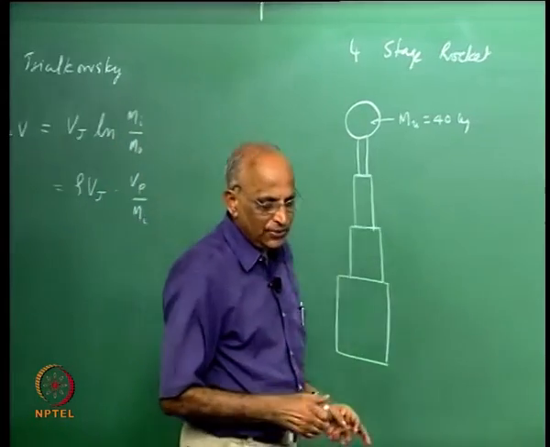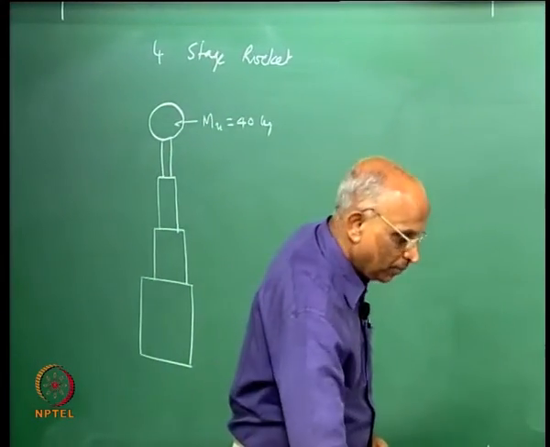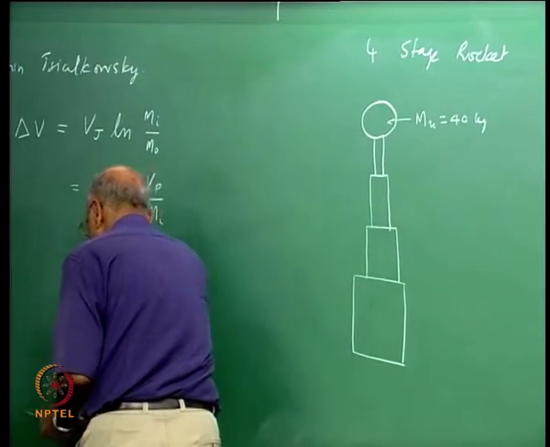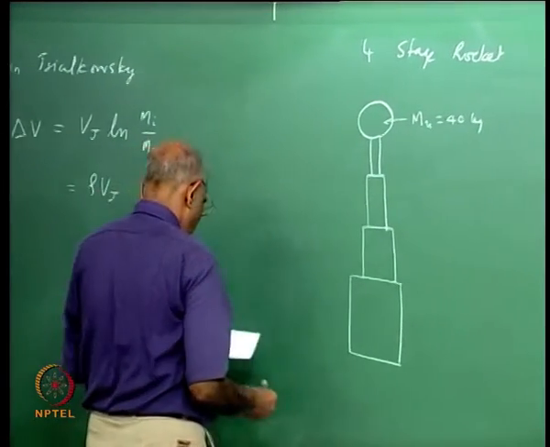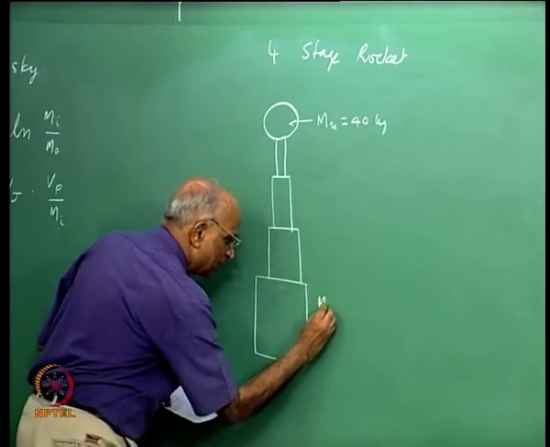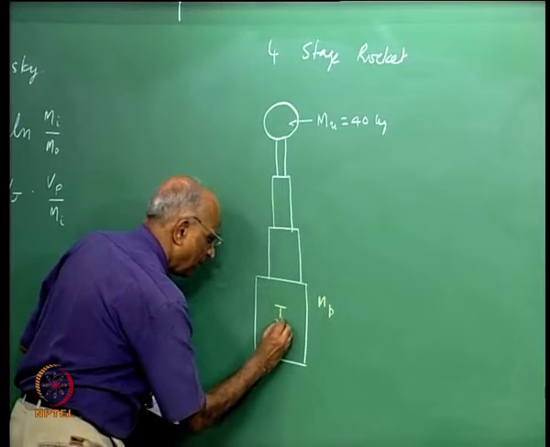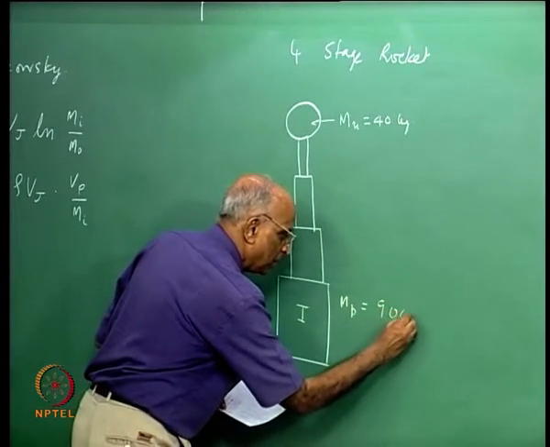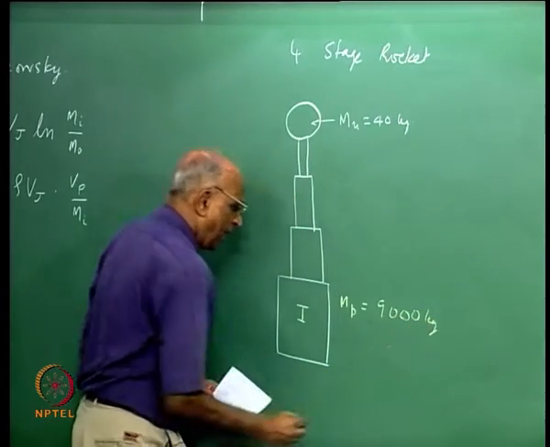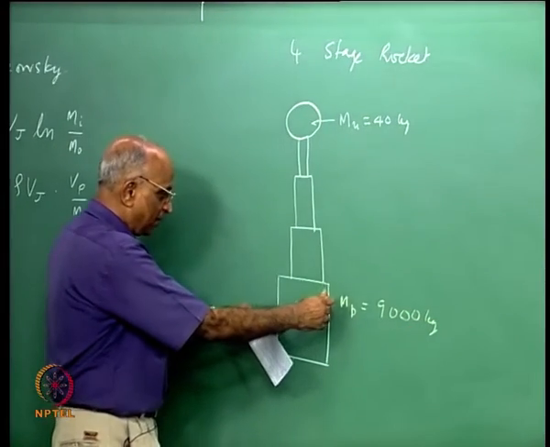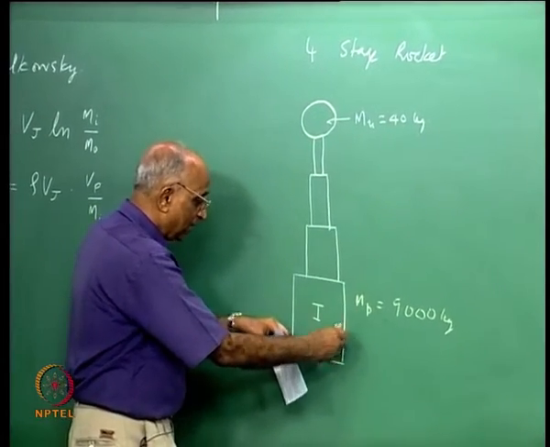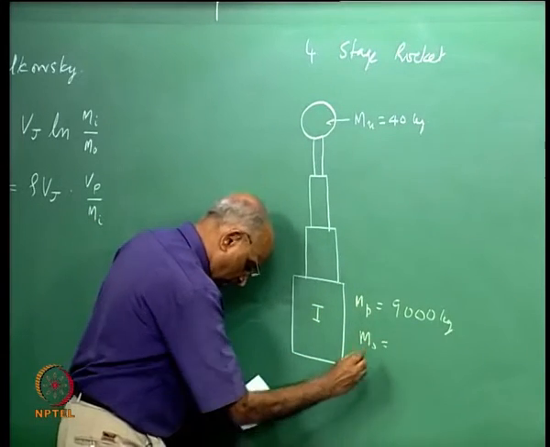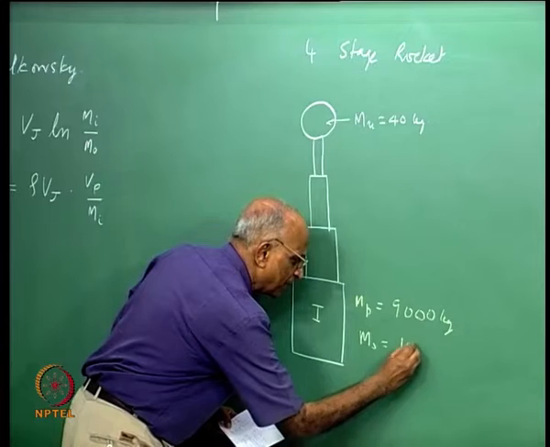The first stage has a propellant mass, let us put down the propellant mass in yellow color, of 9000 kg, and the mass of the structure, that means the casing and other things including inerts, is equal to 1500 kg.